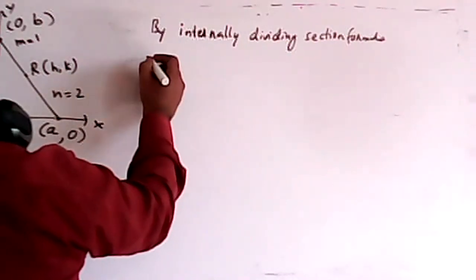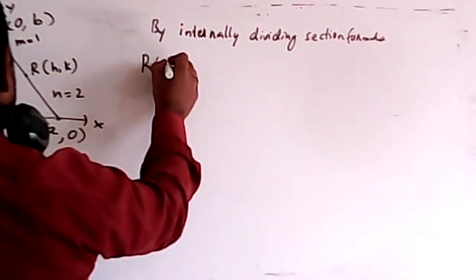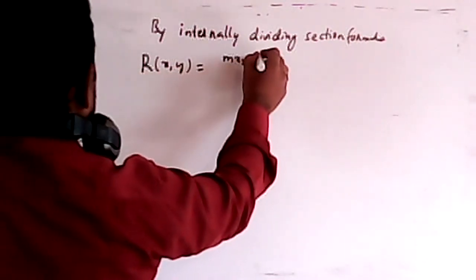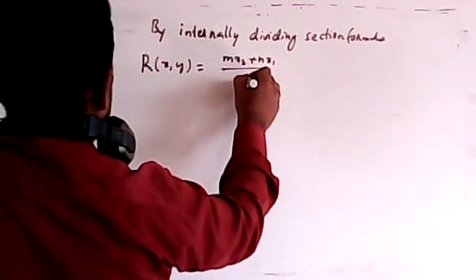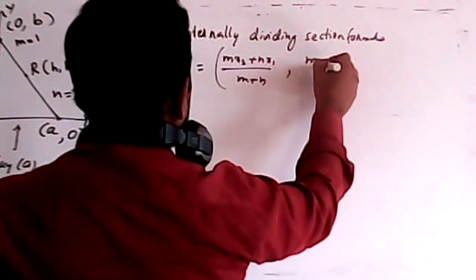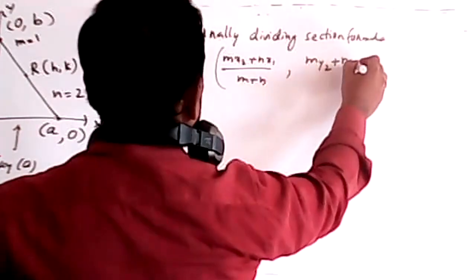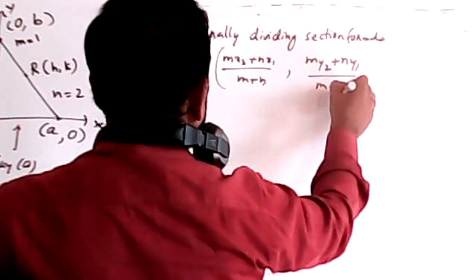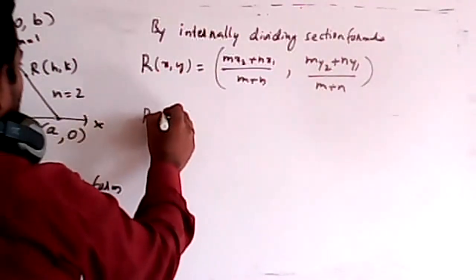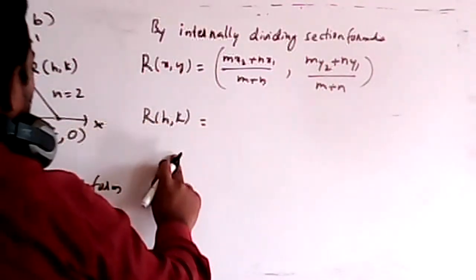R of (h, k) means you can take R of (x, y), okay? You know that (m x2 plus n x1) divided by (m plus n), and again (m y2 plus n y1) divided by (m plus n). But according to you, (x, y) is (h, k), correct?